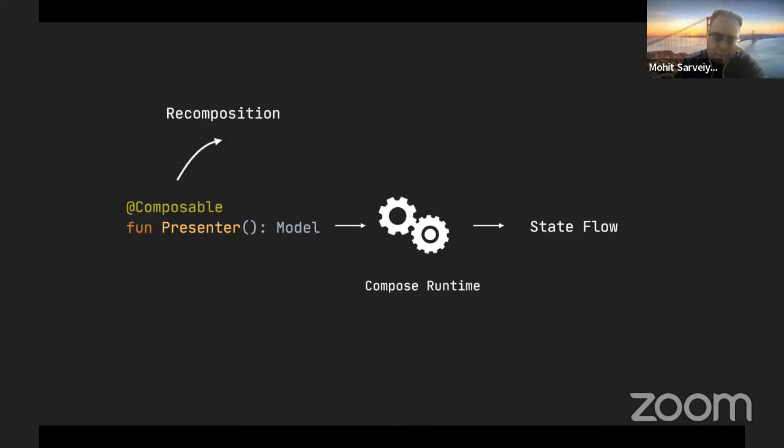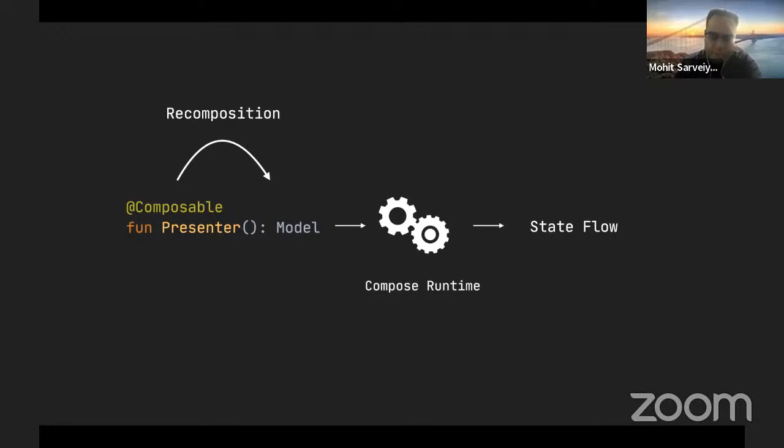Whenever a recomposition happens, which means this composable function gets called again and has a new result, a new item is pushed to the StateFlow. This is the basic overview of what this library does under the hood.